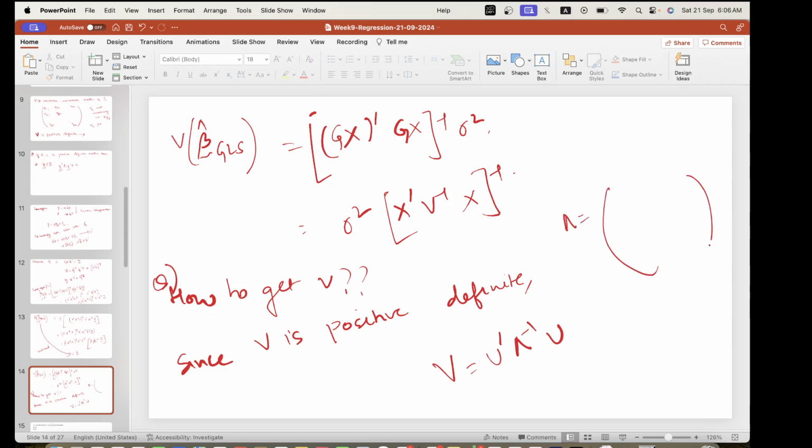Lambda is a diagonal matrix with lambda 1 to lambda n and off-diagonal 0, where these are the eigenvalues of V. And U is the corresponding eigenvector.